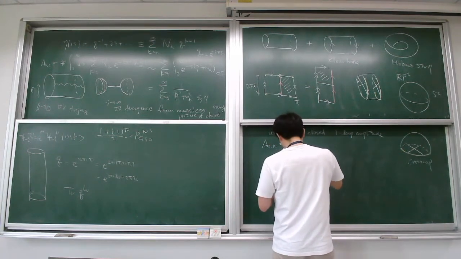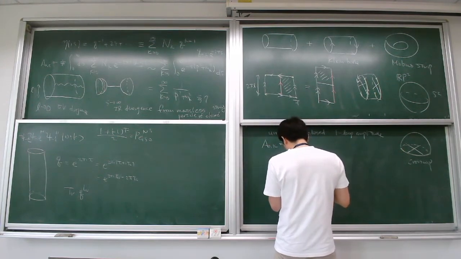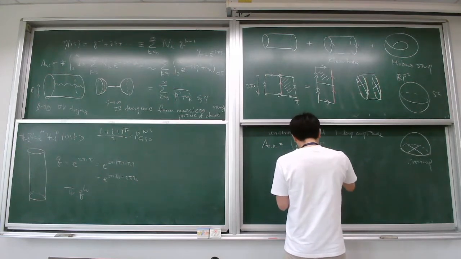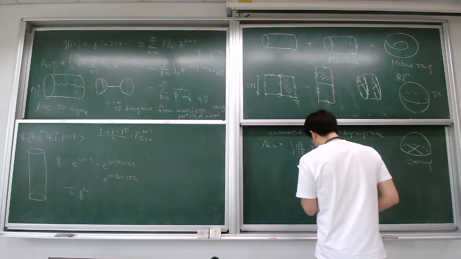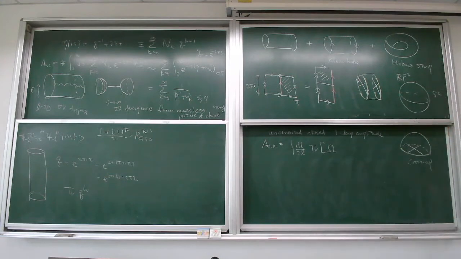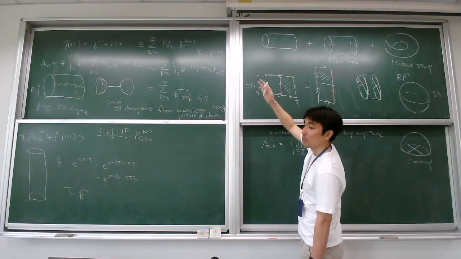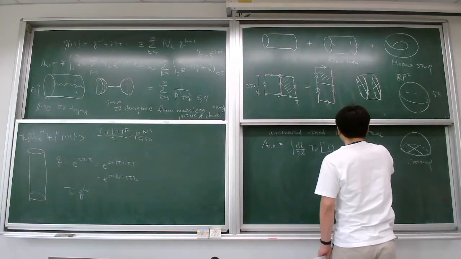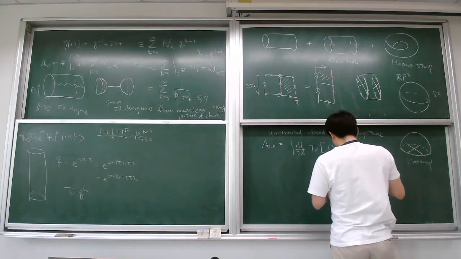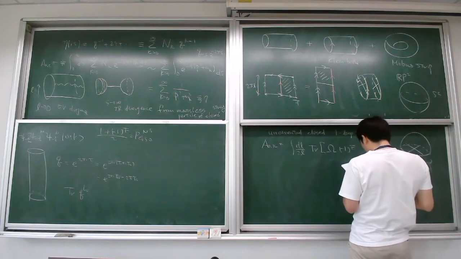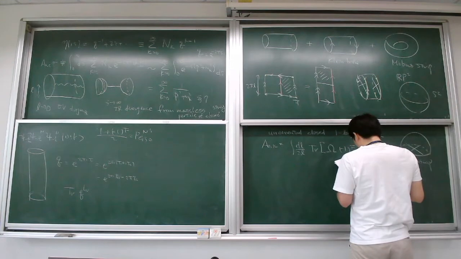Again, you have a modulus l and a trace of omega. This omega really comes from identifying top and bottom by an orientation flip. Top and bottom, and (-1)^F. And then you can have the B0.